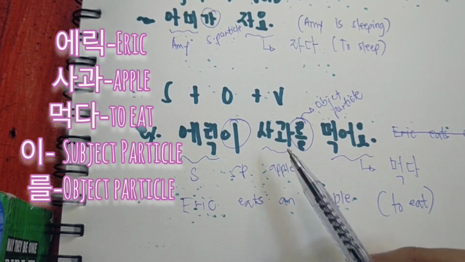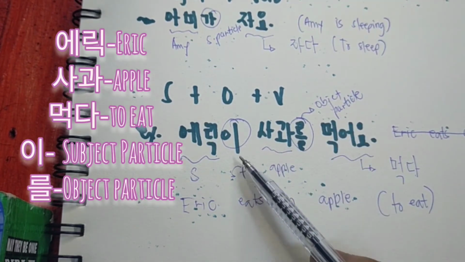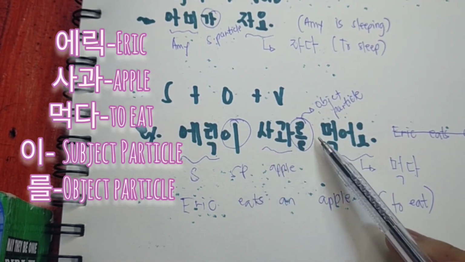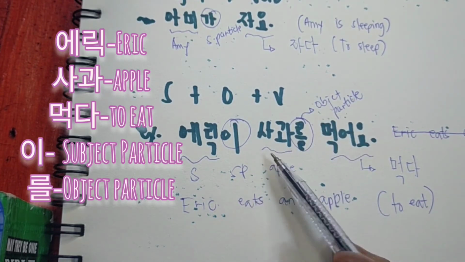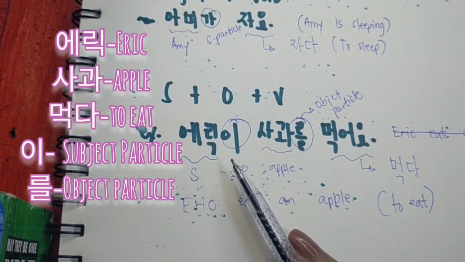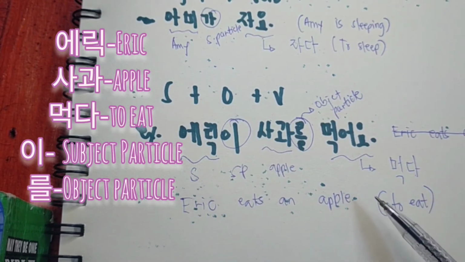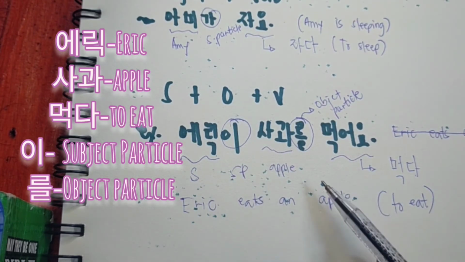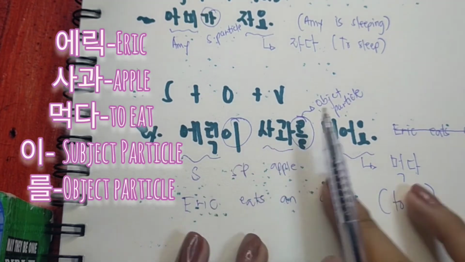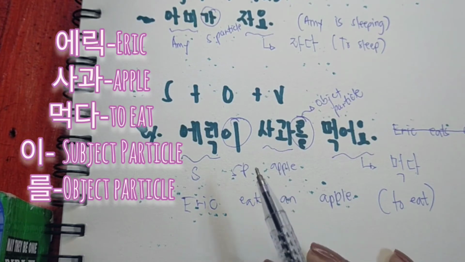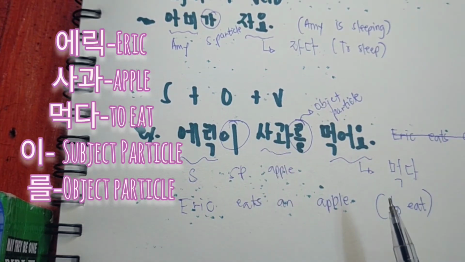So, ang purpose ng ating mga particle, meron dito tayong subject particle, may object particle, may topic particle. Ang purpose niyan is para mas madali mong makita or mahanap, halimbawa sa isang long sentences or sa isang long paragraph.